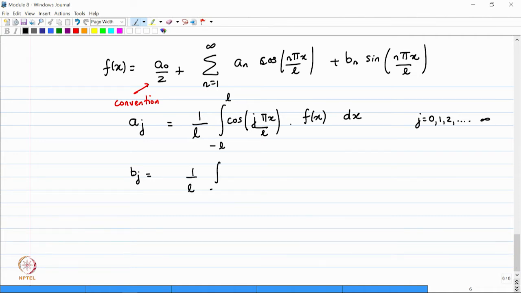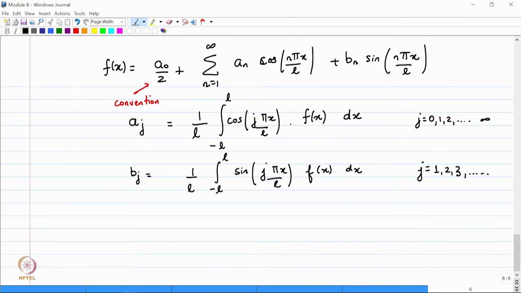You can just write it as 1 by L, integral from minus L to L, sine of j pi x by L times f of x dx. Now, for sine, the j equal to 0 term does not exist. So, you have j equal to 1, 2, 3, and so on.